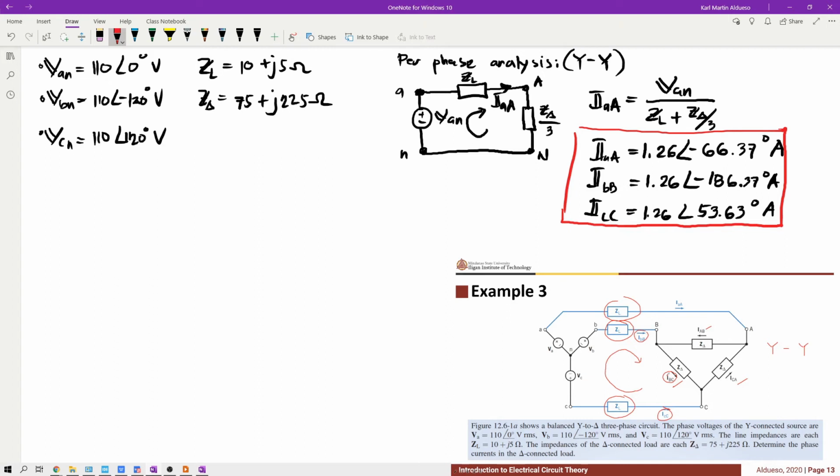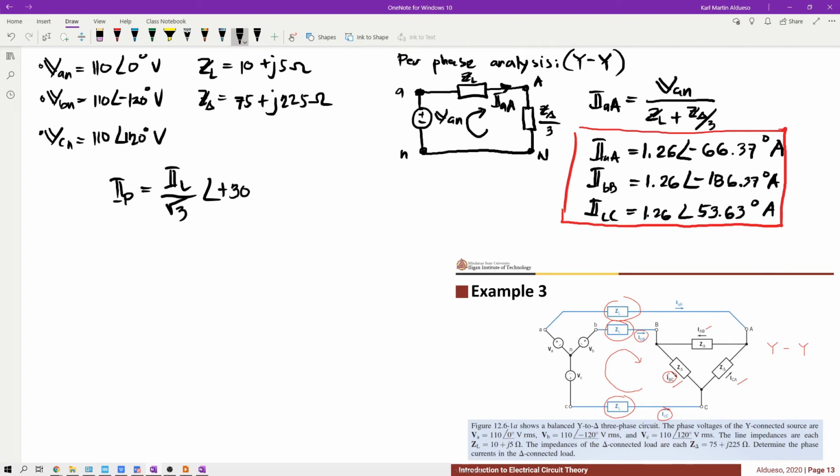Using these values of the line currents, we can now solve for the phase currents. Phase current is equivalent to line current over square root of 3, then you add 30 to the angle.